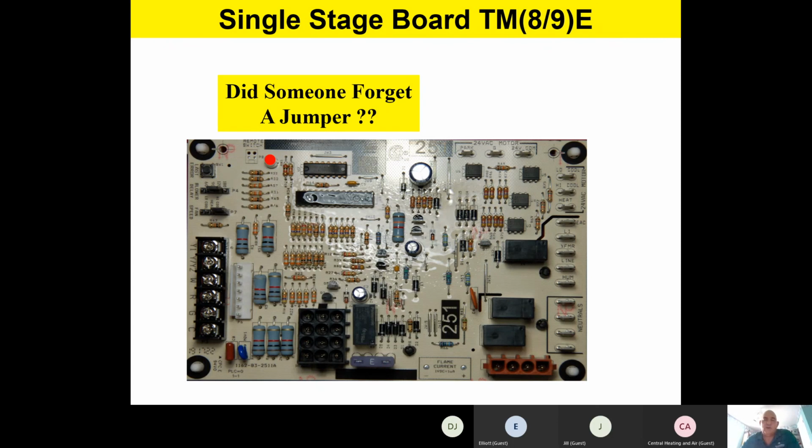Because remember, team, on our Champion furnaces, if you jumper a pressure switch on initial call for heat, it'll throw this flash code. So it knows if that switch is open, it knows if it's closed or if it's been jumpered. So by all means, look at that. Maybe someone forgot a jumper if they were out there testing it.